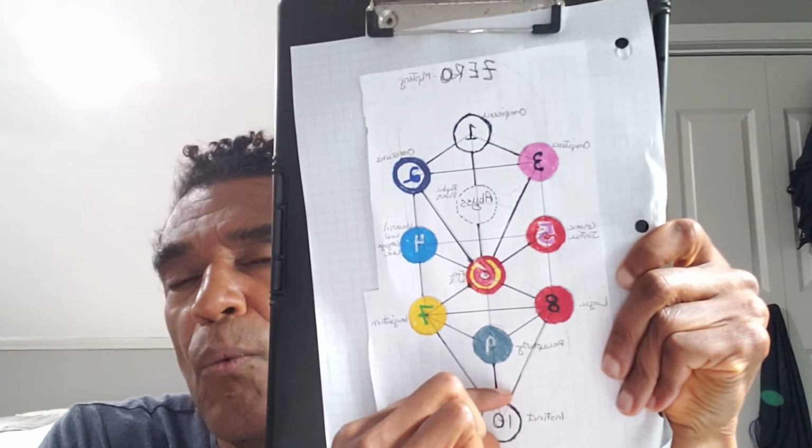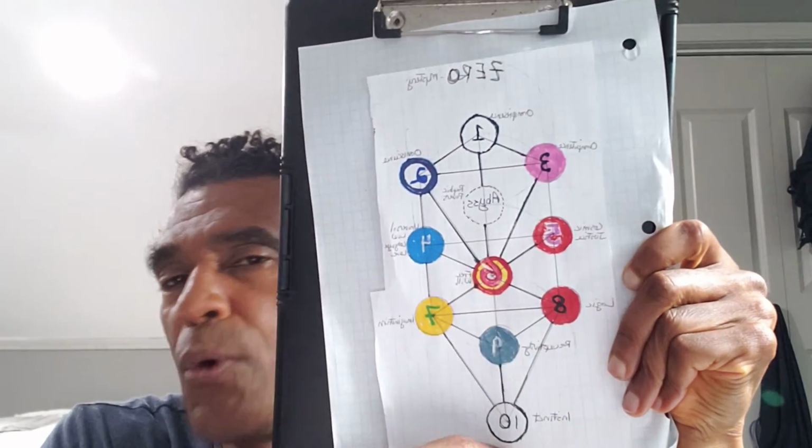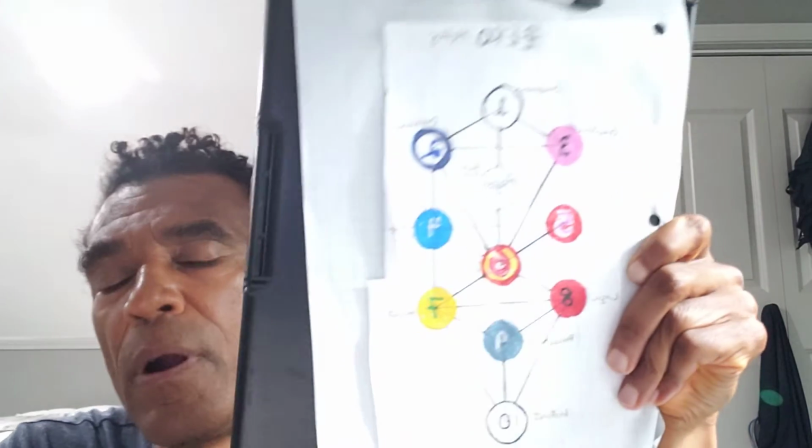So 12 by 12 is 144. So you end up with 144 fractal faculties, which I describe as being the stages of life. But those stages are not chronological as much as they are dramatic stages.